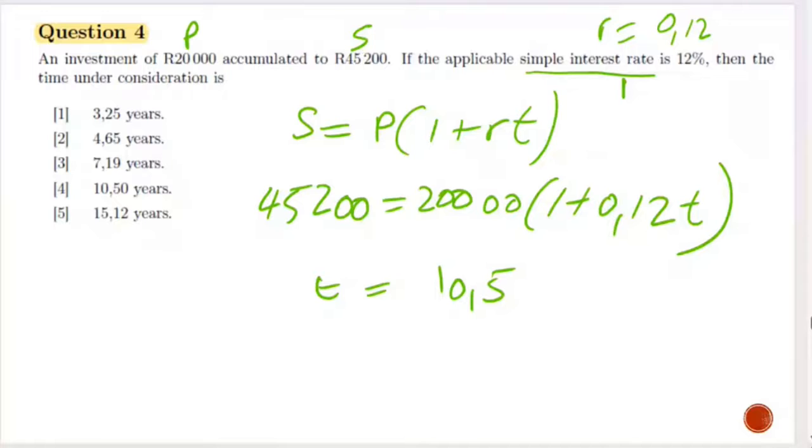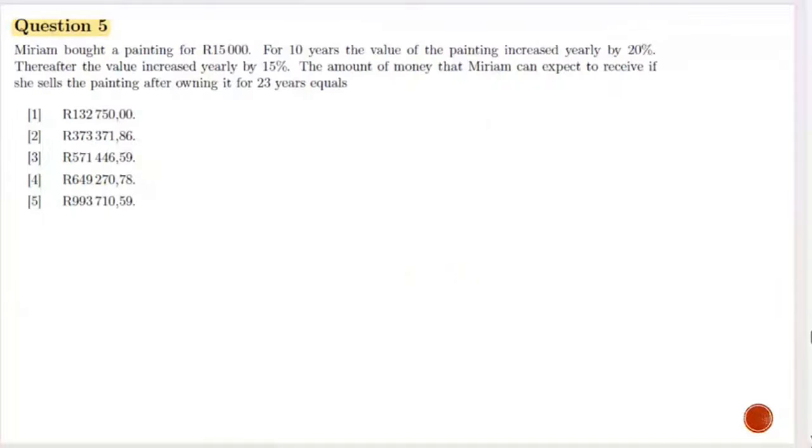Here is another one. Here is this lady, Miriam. Miriam bought a painting for 15,000. I want to read the whole story before breaking it down. So now she's got this painting.